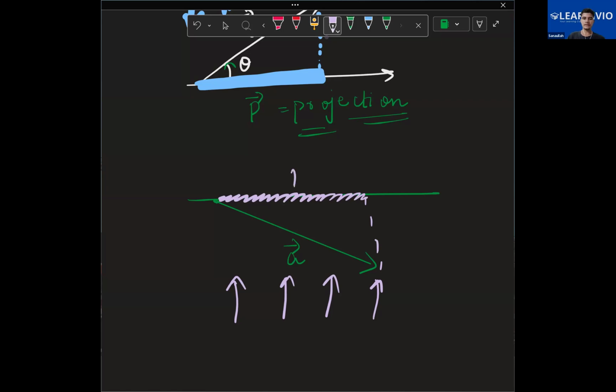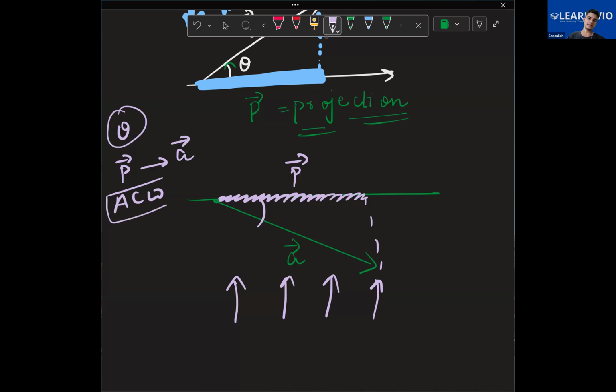You cannot say that this is your theta, because we have to take theta from the P vector to your A vector, the given vector. P vector is the projection vector and A vector is your original vector, and theta should be calculated anti-clockwise.